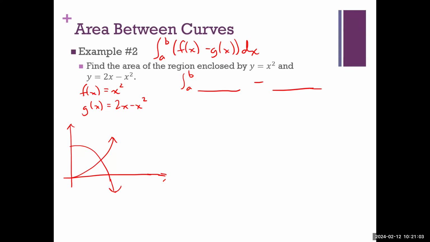But I don't care about this for all values of x. I care about a certain interval. So one word I want to impress upon you all here is this: the region enclosed by these two curves. So basically there's some closed bounded region that is surrounded by these two curves. So how can I find where that is?